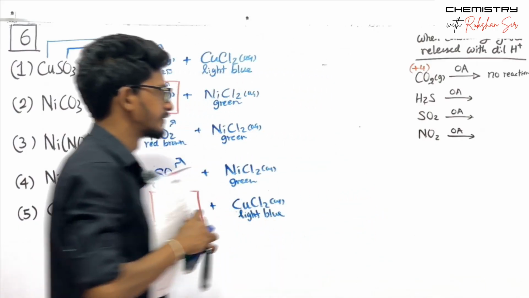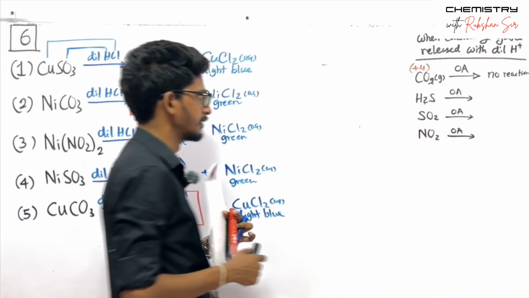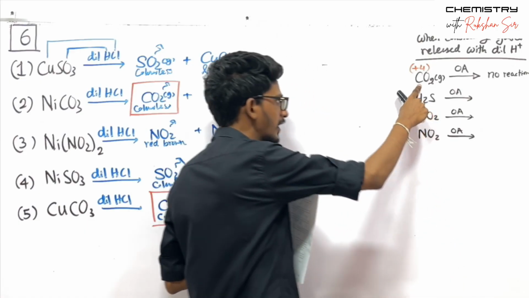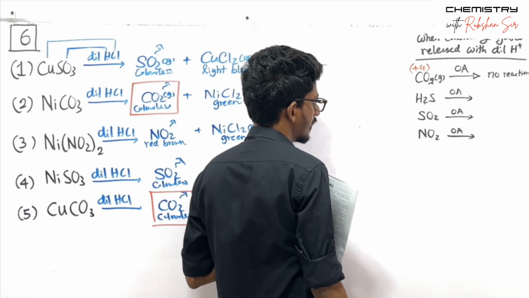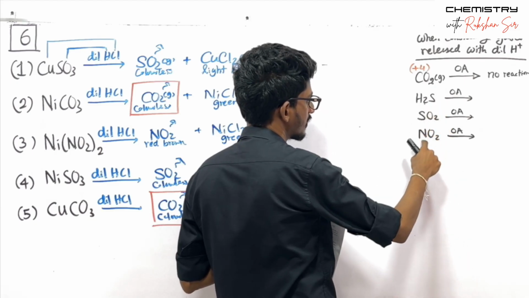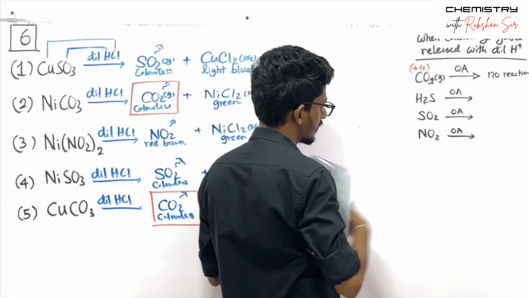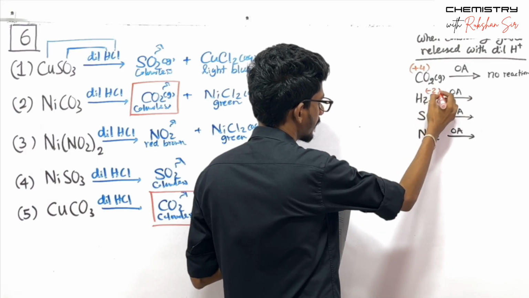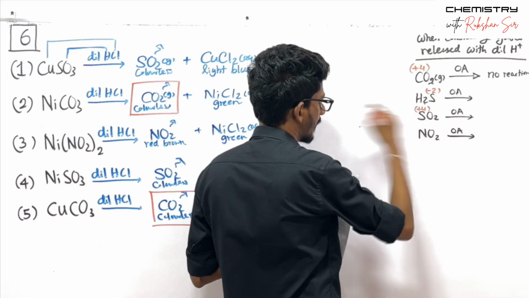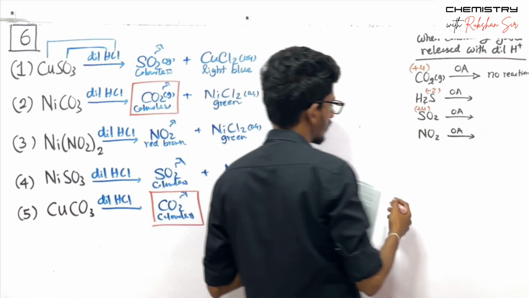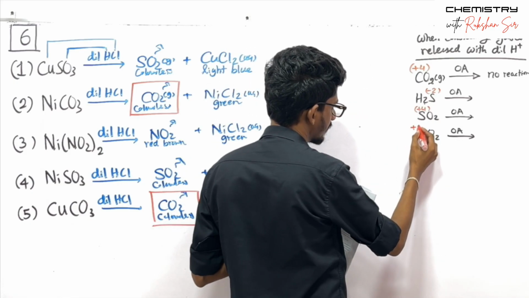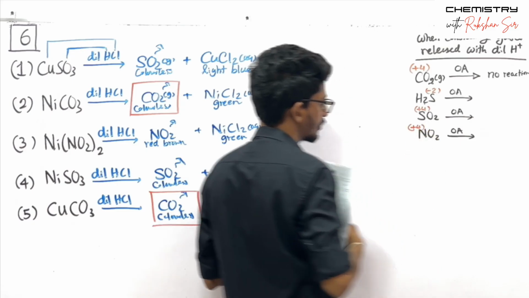It can't get oxidized further. But when you are not at your highest oxidation state, you can get oxidized, right? So these are not at their highest oxidation state. -2 and +4 are not the highest oxidation of sulfur. The highest oxidation of sulfur is +6. And for nitrogen, +4 is not the highest oxidation, +5 is the highest oxidation, right?